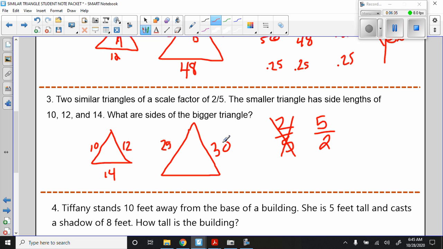And 14 times 5 over 2 is 35. There are the sides of the triangle, and you will need to be able to find a perimeter, so you just add those up: 25, 35, and 30 should give you 90.